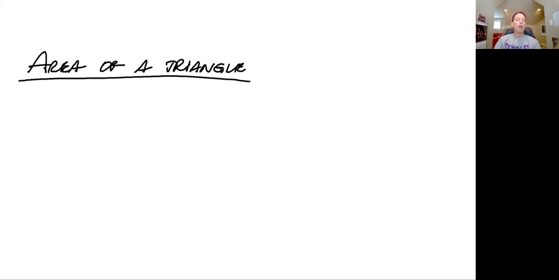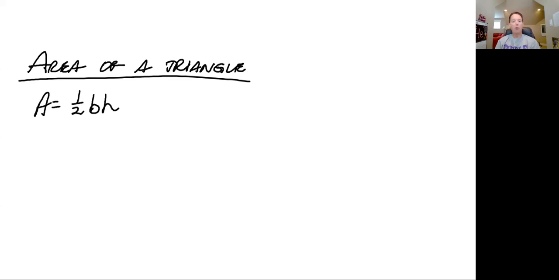What I want to start with is actually a fairly simple idea that will take you back a little bit. That is the area of a triangle. I assume most of you, when I say that, see that formula come up: area equals 1/2 base times height.